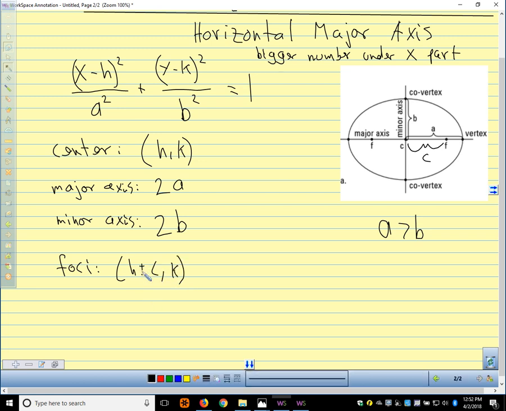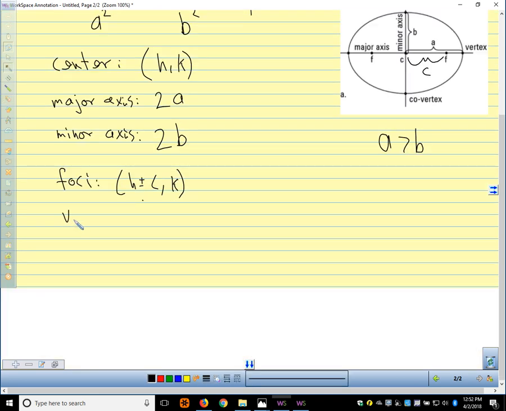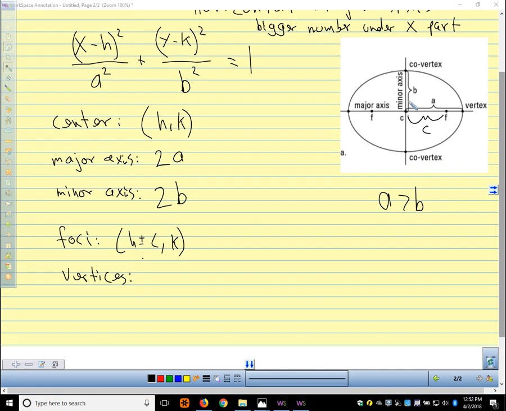So we're going left and right c units from the center to get to the foci. So c units here, c units there. The vertices. a tells us how far from the center to go to get to the vertex. And we have to go right and left. So we get (h plus or minus a, k). Okay.